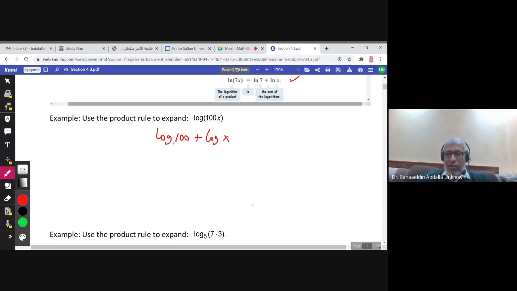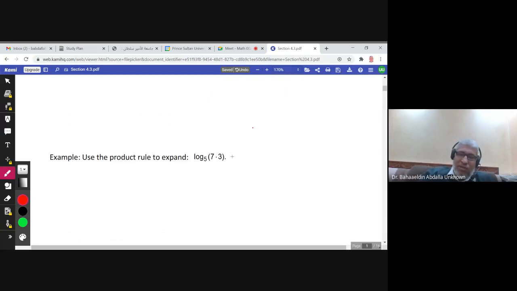And if you remember, log 100 is 2. Why? Because the base here is 10, and 10 to the power 2 is 100. So the answer is 2 plus log x. While here, you can write it log 7 to the base 5 plus log 3 to the base 5. This is the product rule.